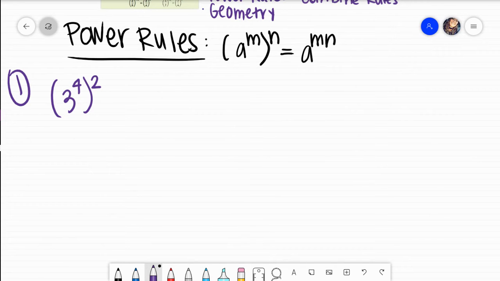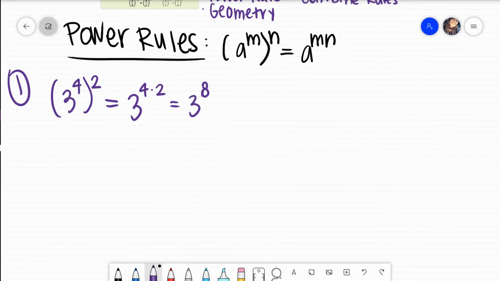I'm calling them powers, okay? Because they're powers. What you would do here is keep your base and multiply your powers. So I get 3 to the 4 times 2, which is 8. So 3 to the 8th power.